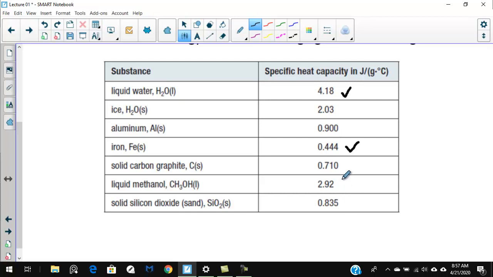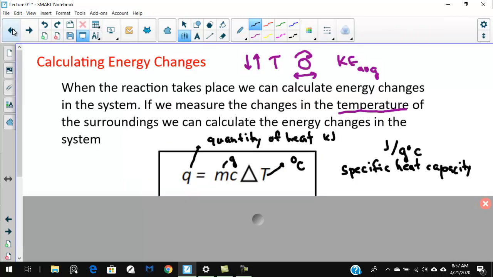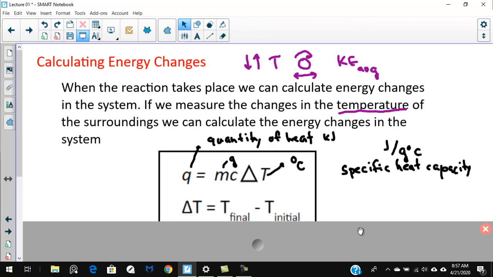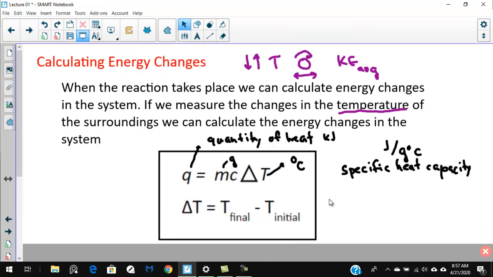Okay, so that's a number that you'll have to look up. You can Google it. You can use a table like this one. There's tables in the textbook that give you these numbers, and that's how we're going to get those numbers for specific heat capacity. So it's an experimental number that someone else has figured out that we're going to make use of. Okay, and then finally, the other little part of this is to get delta T. We're going to take whatever temperature our system ends up at the end.